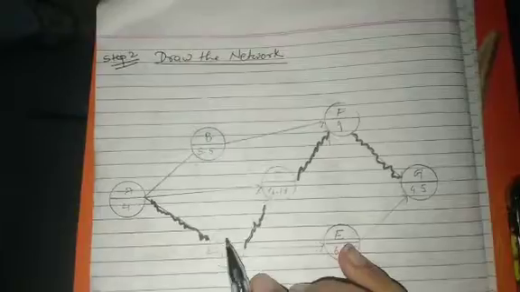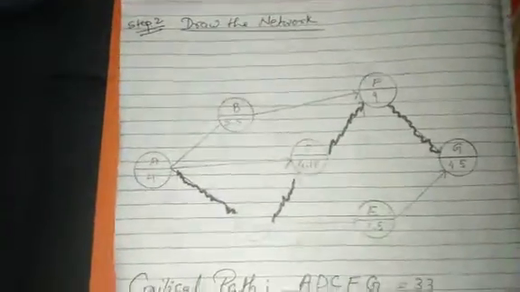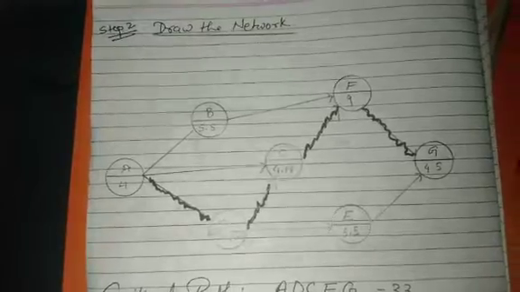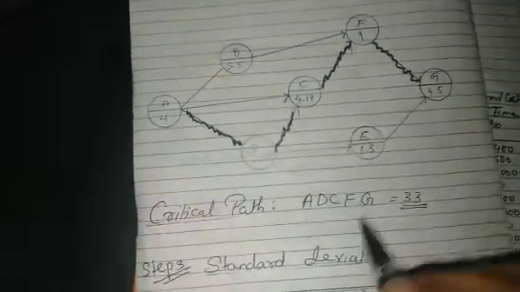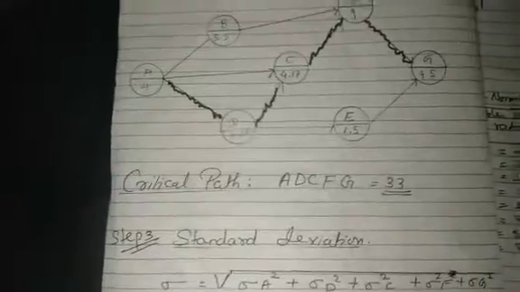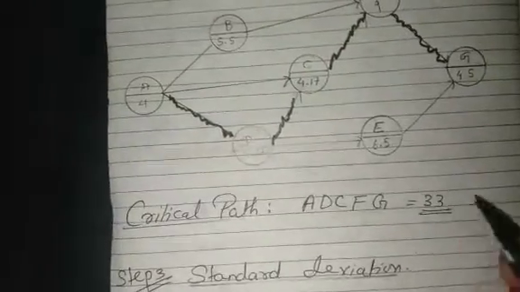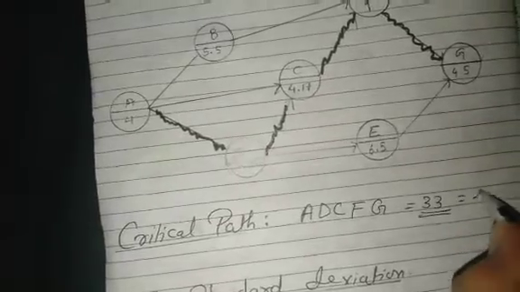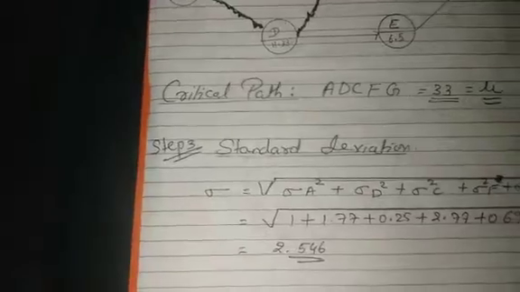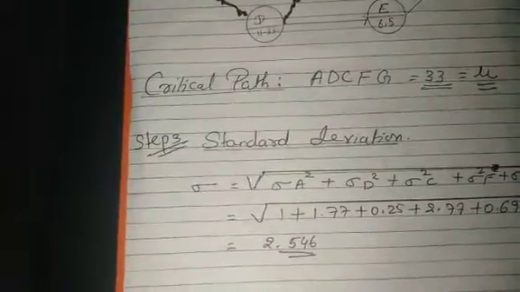The second step for PERT is drawing a network and writing the mean times that we have found. After that, we have to find out the critical path. In this sum, the critical path is 33. Also remember, the critical path is always mu for our Z test. After that, step 3 is to find the standard deviation.